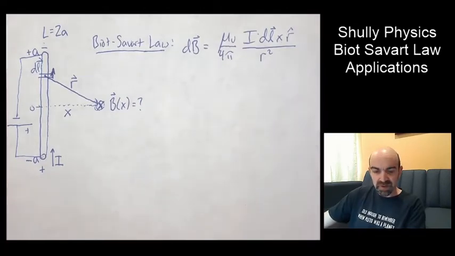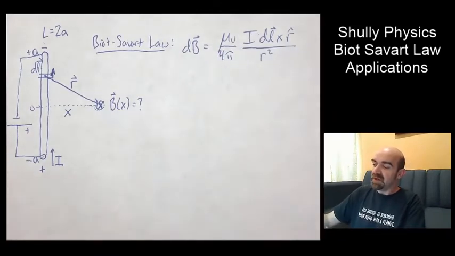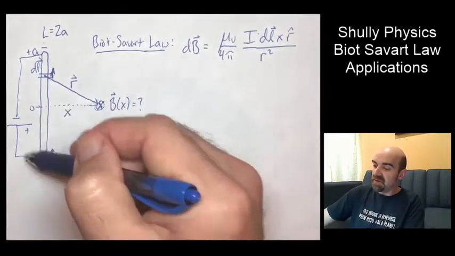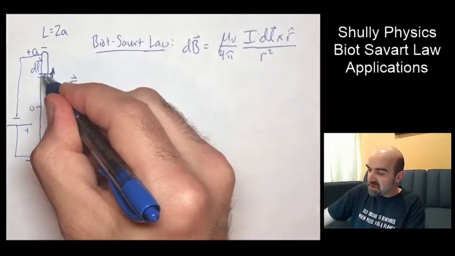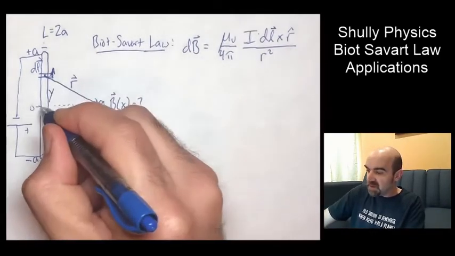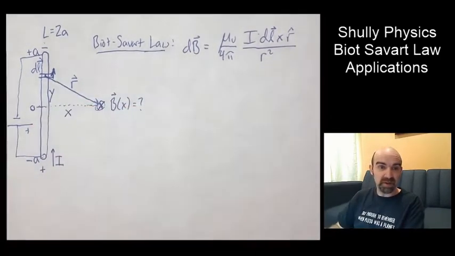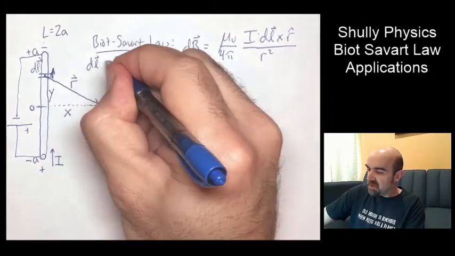So our next step is going to be to put it in terms of the dimensions of this wire. So at this location, I'm going to look at this little segment. It's at a position Y above my little 0 point here. So instead of a DL, I'm going to use a DY.